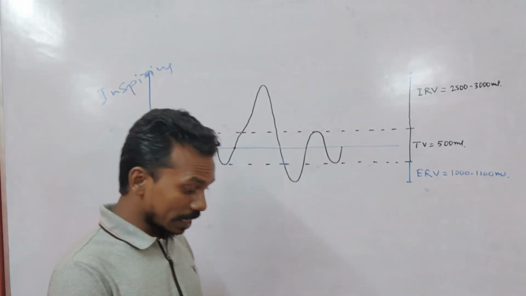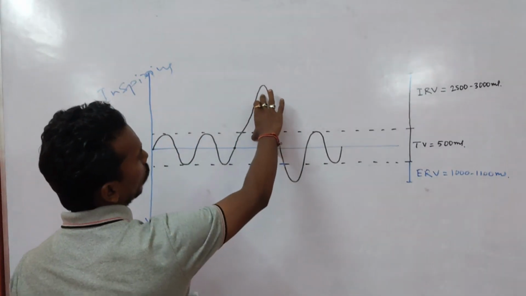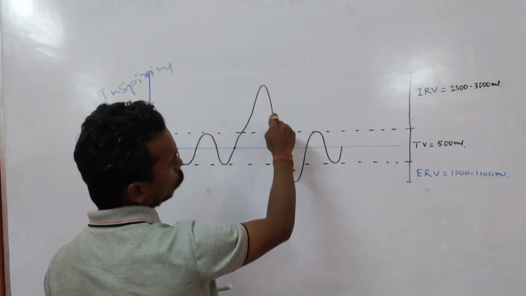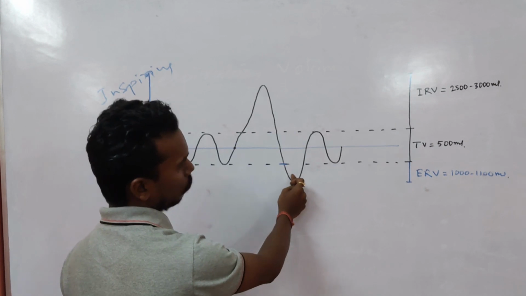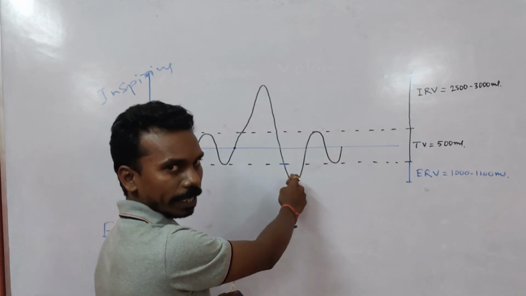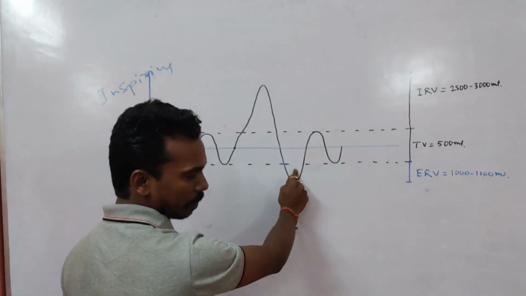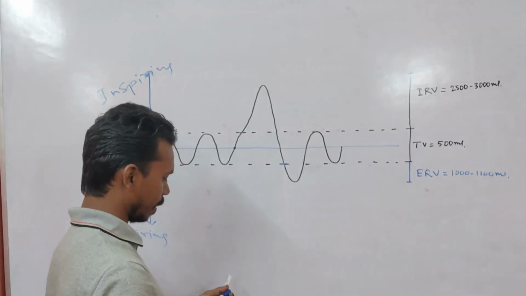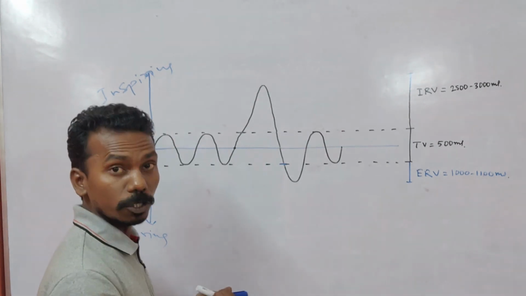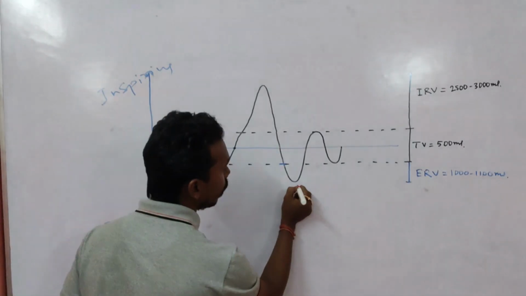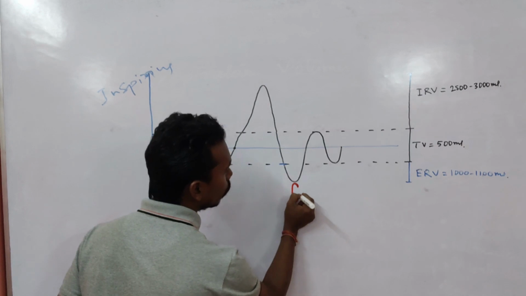You can see the amount of air you have inspired, you have not expired that particular amount in expiration. So there is a difference between inspiration and expiration, which means there is a volume of air which remains inside your lung.